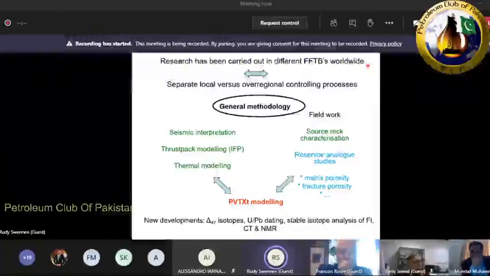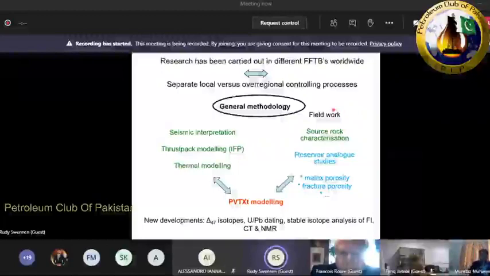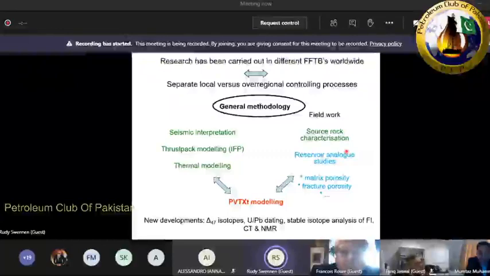And François already used a little bit the methodology. So there was seismic interpretation, there was thrust belt modeling, there was thermal modeling. This was especially done by a splendid team from IFP. Also source rock characterization, and we carried out a lot of field work, especially focusing on reservoir analogs.